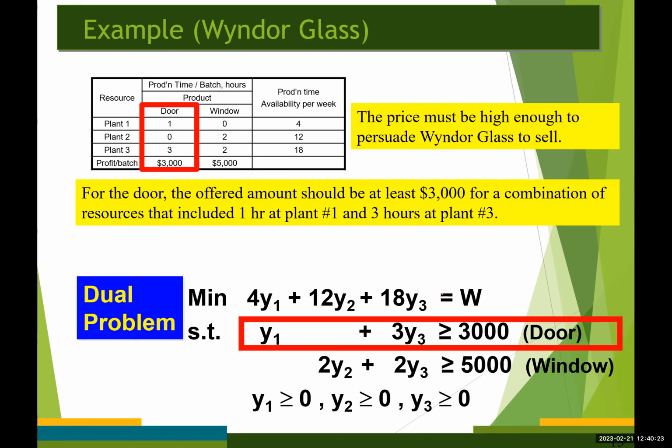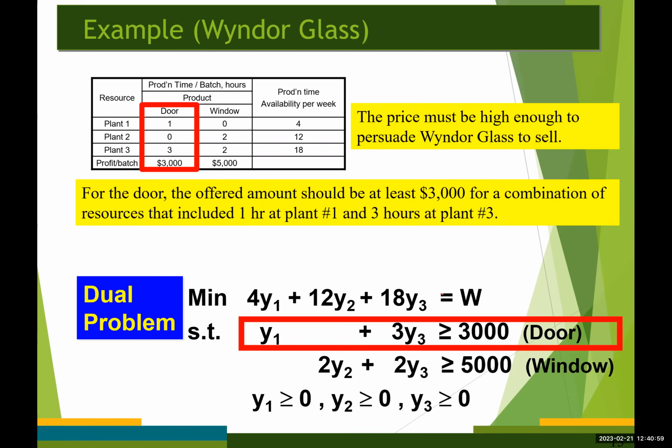For example, you must offer window glass at least $3,000 for a combination of resources that includes 1 hour of production time at plant number 1 and 3 hours of production time at plant number 3, because window could use these resources to produce a door that could be sold for $3,000, of course, if they wish.